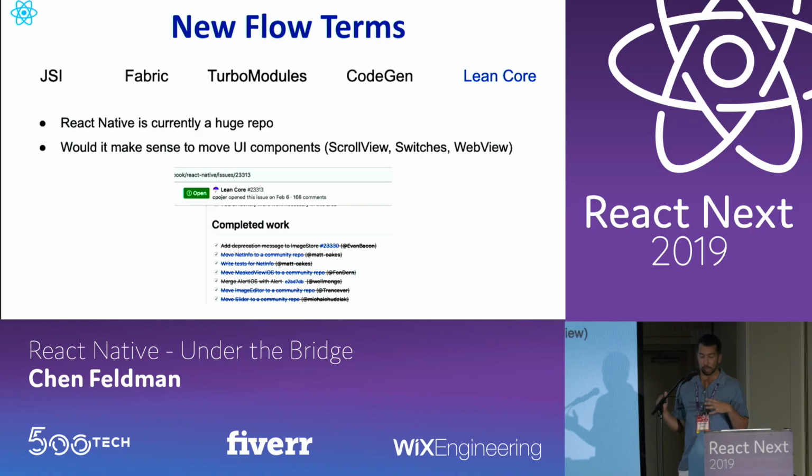The last thing that I want to talk about in this part is not new code, but it's a new play that they do. It's called lean core. Lean core means that they want to take the React Native library, and by the way, they already did part of this process this year, and they will finish it maybe next year, and take a couple of the libraries out of it: Async Storage, slider, image picker, date picker, a lot of libraries they take outside.